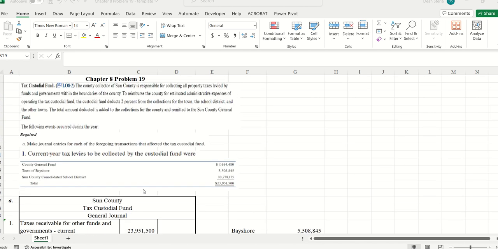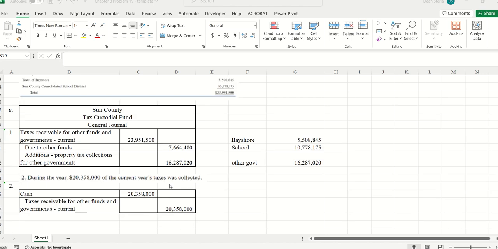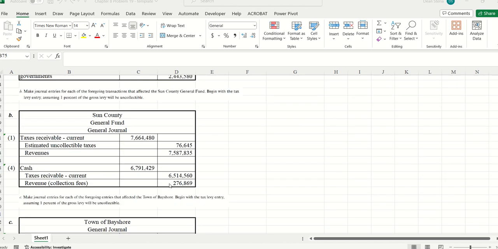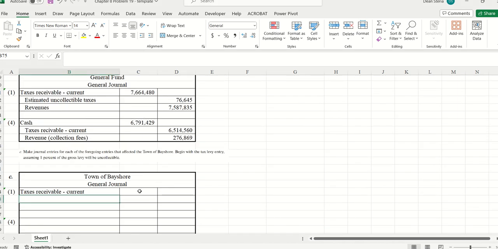Again, we're going to get that from this chart right here, 5,508,845. So we're going to come back down here, and we're going to debit that for 766,480. It's the 5,508,845.